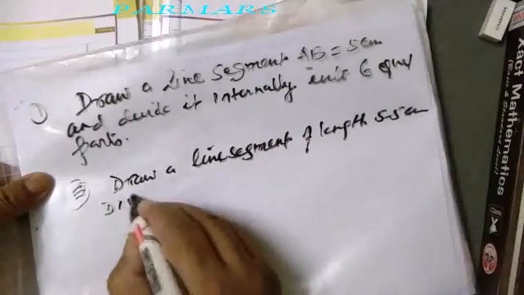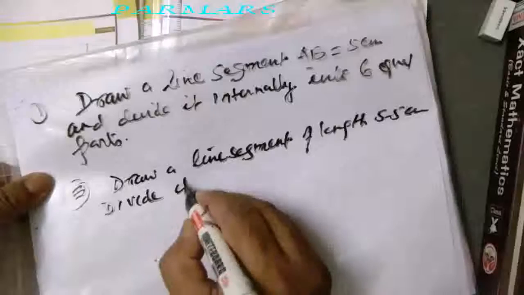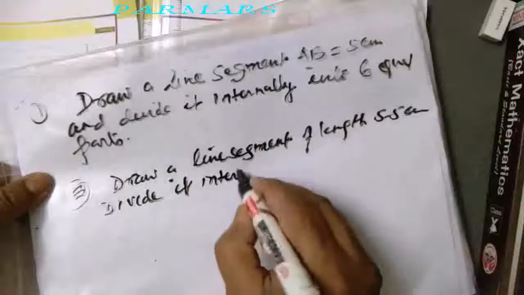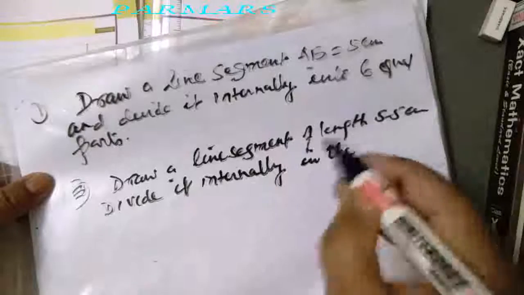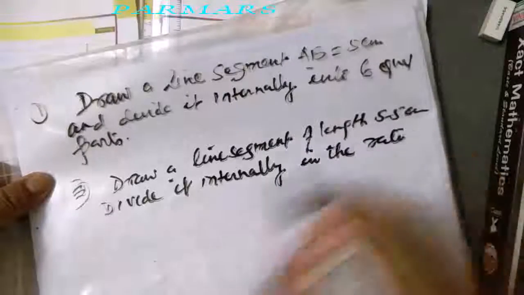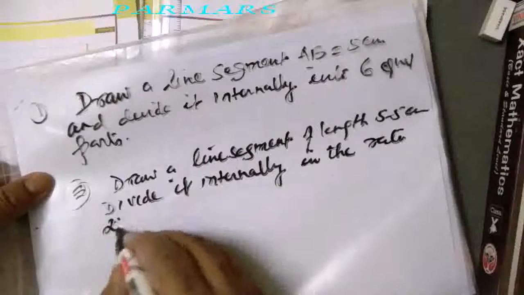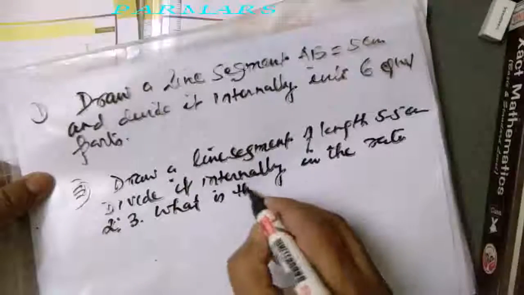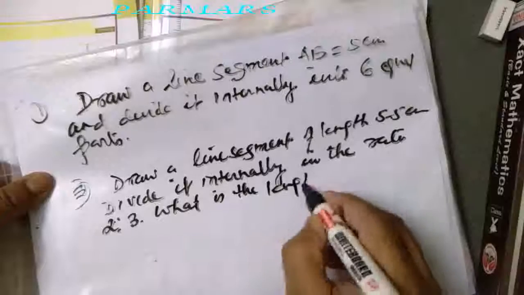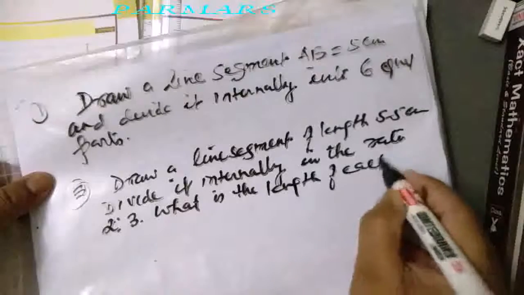Divide it internally in the ratio, not equal parts, in the ratio 2:3. Then next, what is the length of each part?